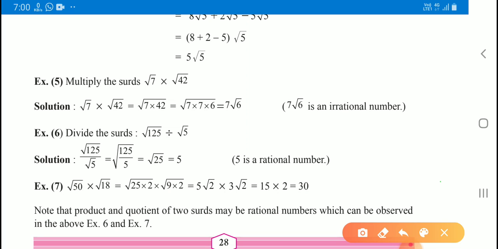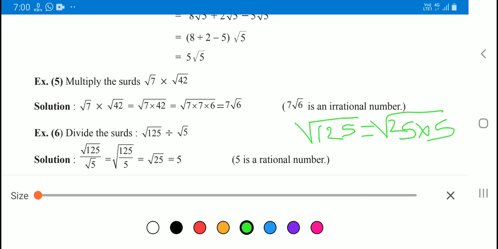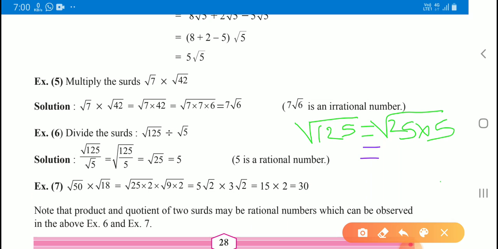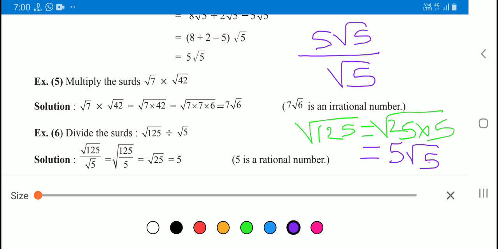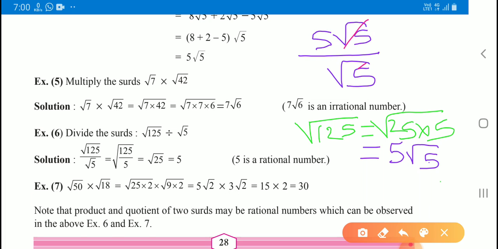Or if someone writes like this, 125 they will factorize as 25 into 5. What will come then? Answer 5 root 5. Okay. Now I will write here 5 root 5 upon this root 5. Root 5 will cancel with each other. Then you will get the same answer 5. Like this also you can solve the example.